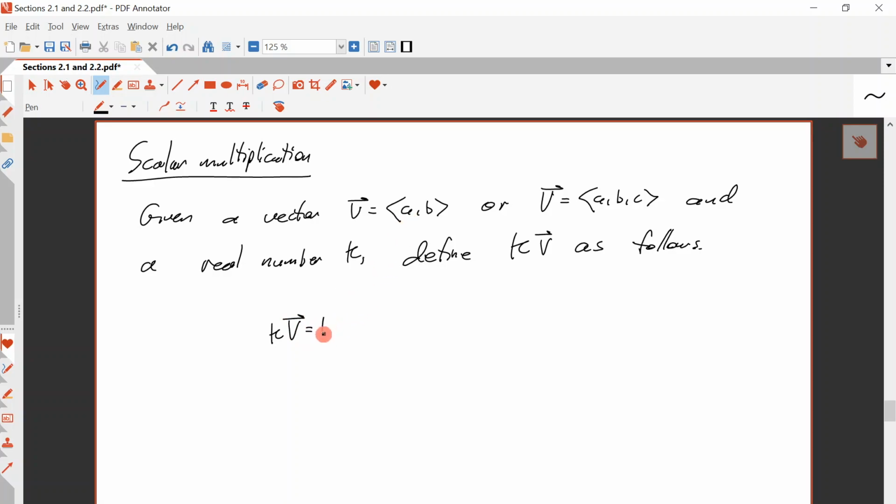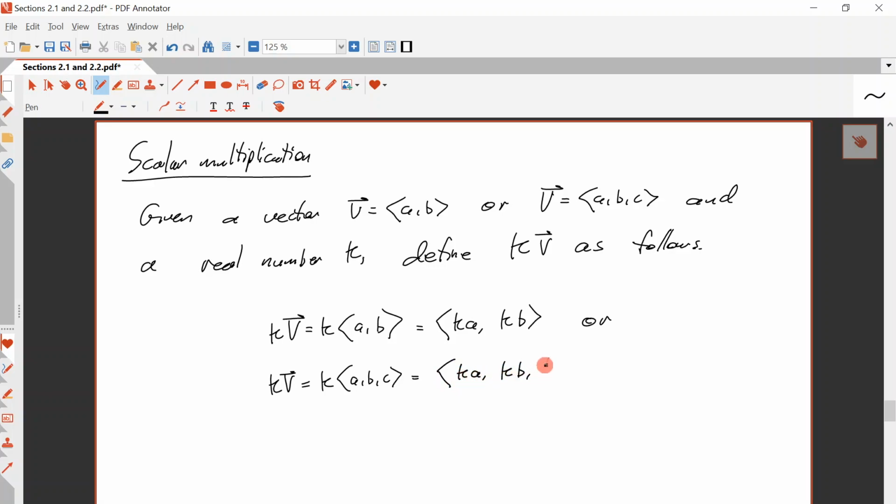K times V, when it's AB, is this. It's just KA comma KB. When the vector is in 3 dimensions, it's KA, KB, KC, like that.